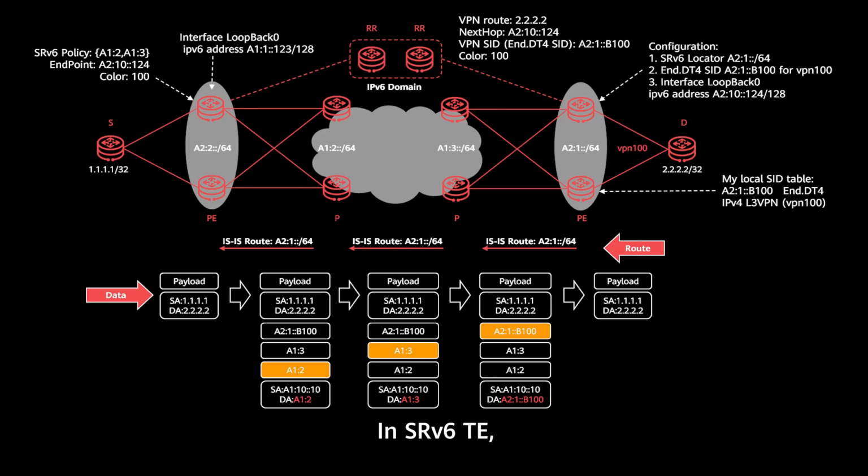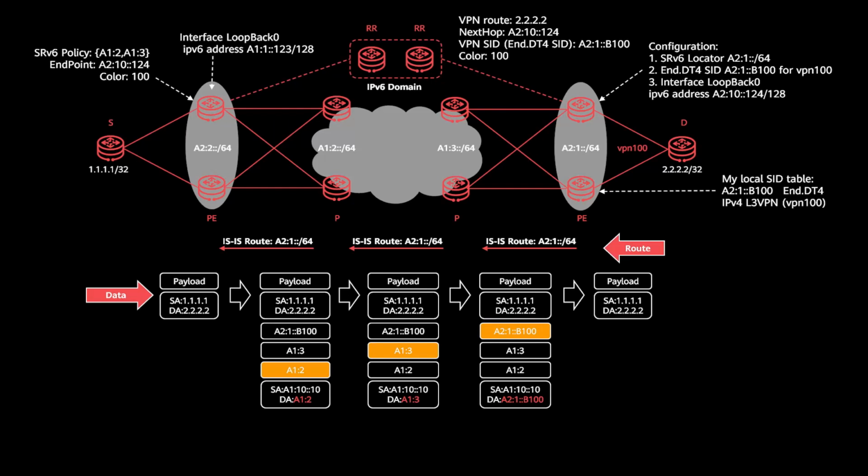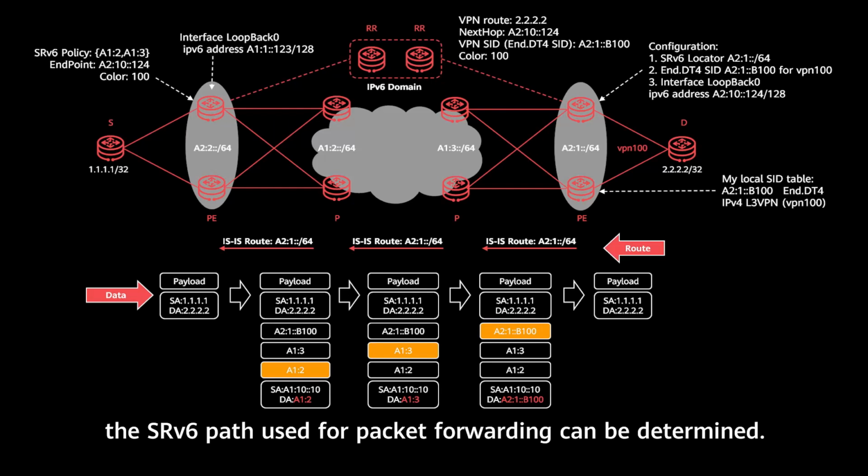In SRv6 TE, however, the segment list is reserved during the forwarding process, enabling the egress PE to obtain a complete segment list, based on which the SRv6 path used for packet forwarding can be determined.